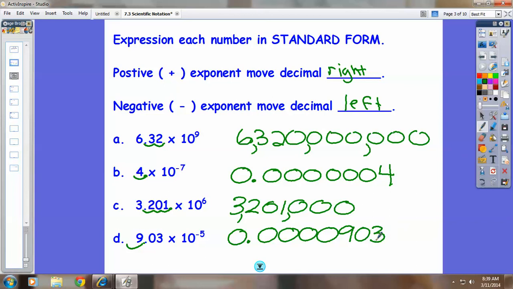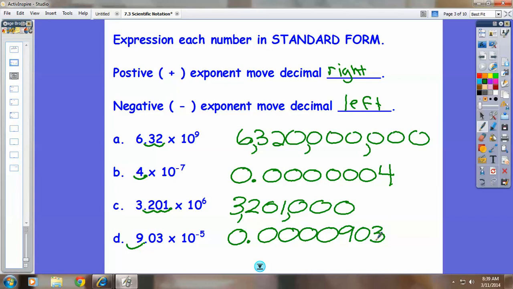Today my main focus is getting you to fully understand scientific and standard notation, being able to convert from one to the other. Because tomorrow, we're going to add a little bit more to that. So today, this is all we're going to do, just focus on this.